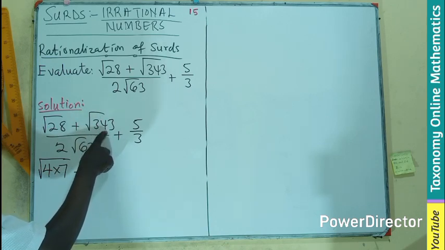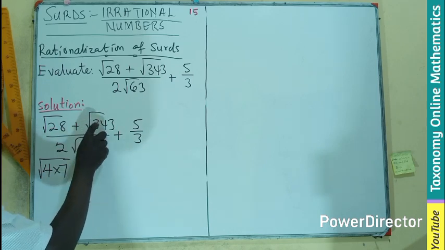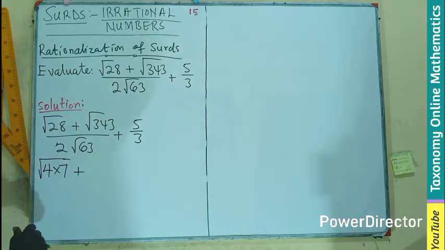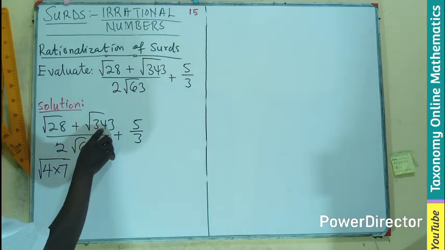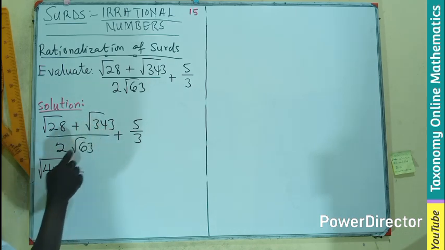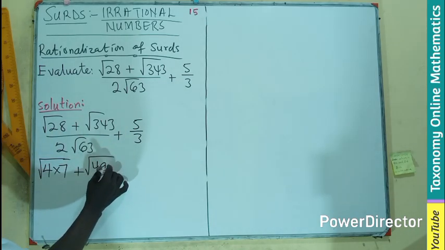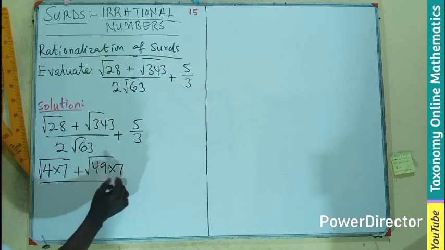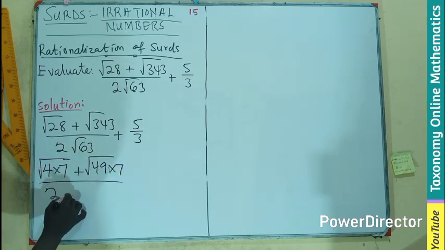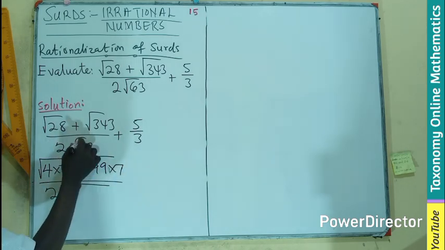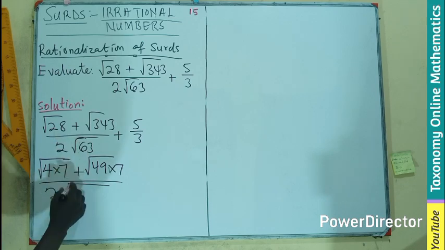We go to 7. 7 here, that will be 4 first, so we have 49, because this is 343 and this is 28. So 63. So we have the root of 49 times 7, divided by 2, multiplying the root of this, which can also be reduced. We know 7 can go here 9 times.